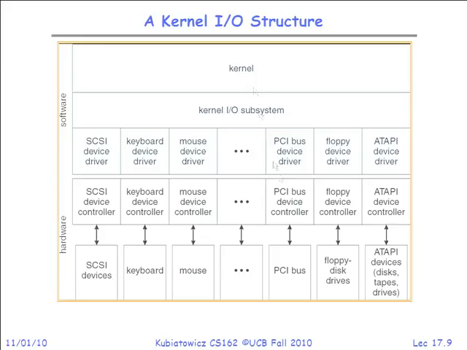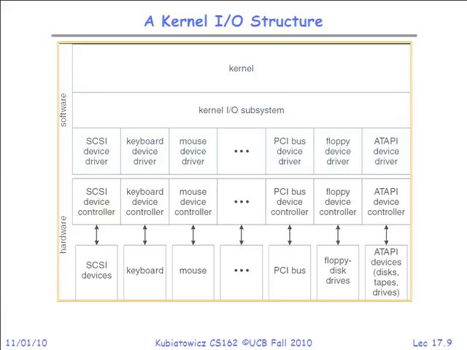And inside that subsystem is where the device driver actually fits. Every one of the device drivers that you load that's going to talk to a device has to meet a certain interface so that you can use that device no matter how it works.